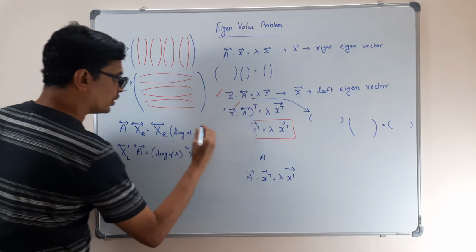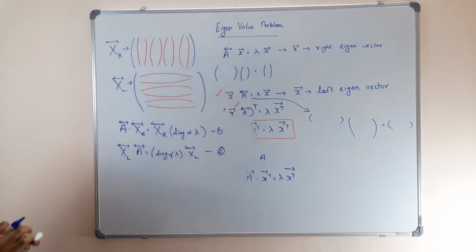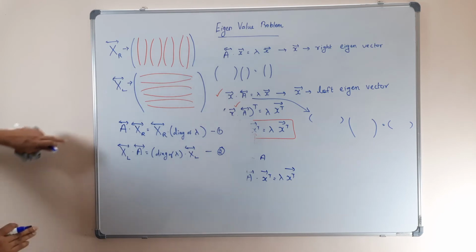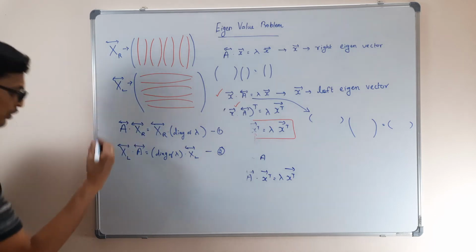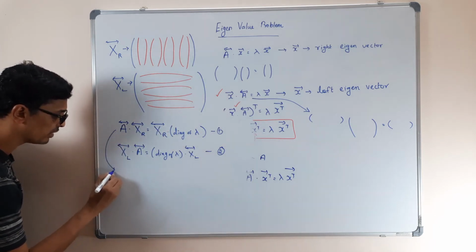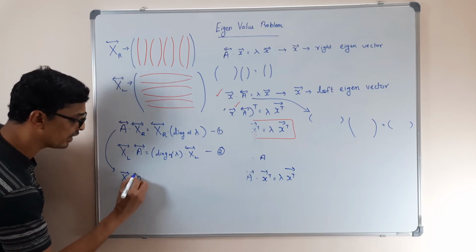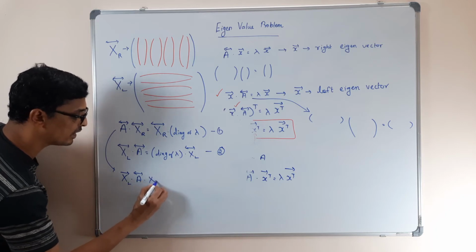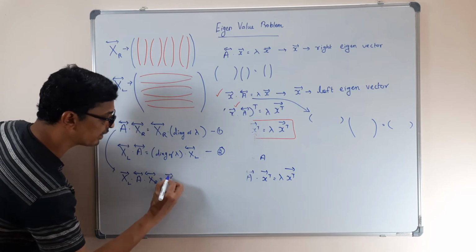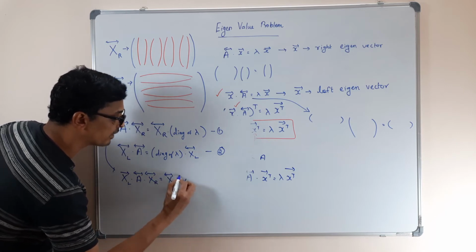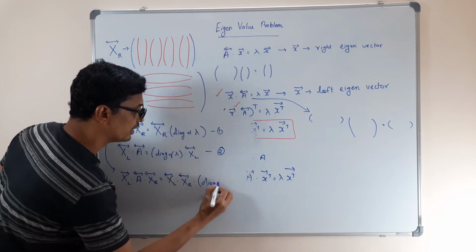Okay, fine. So now let me call this equation 1 and let me call this equation 2. What am I going to do? I am going to multiply XL from the left in equation 1. So this will give me XL matrix multiplied by A matrix into XR matrix will be equal to XL matrix into XR matrix into diagonal matrix of lambdas.